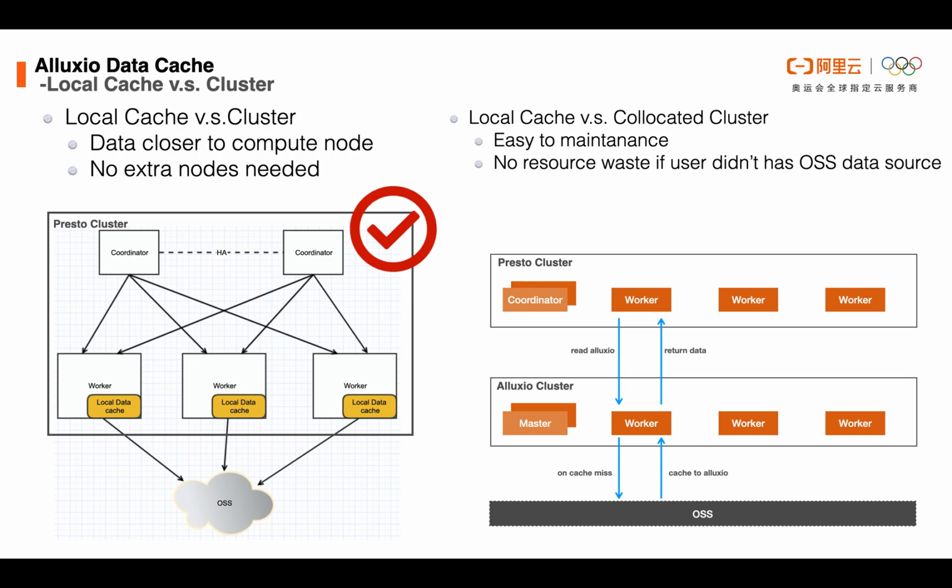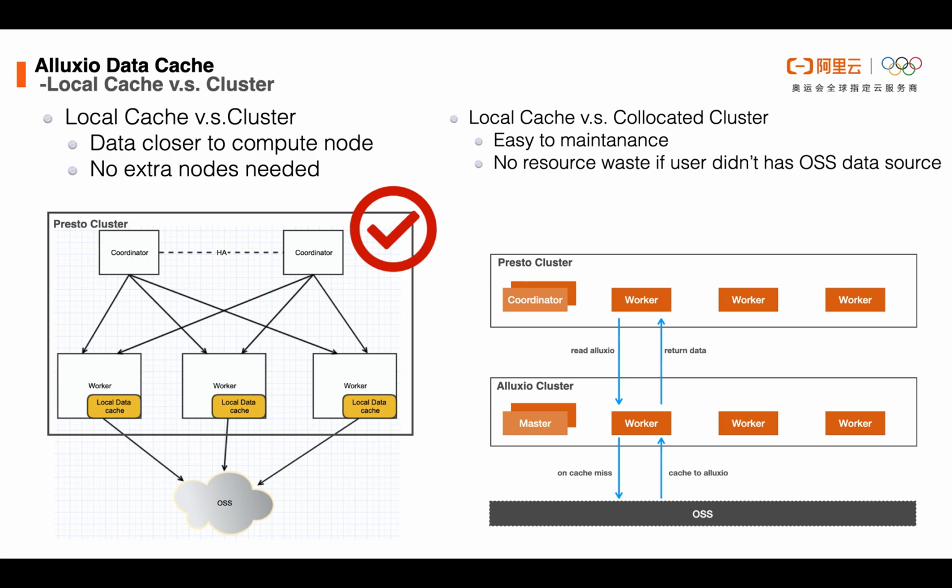We finally chose the local cache. That is because in the local cache mode, data is closer to the compute node, and we do not need extra nodes to deploy Alluxio.